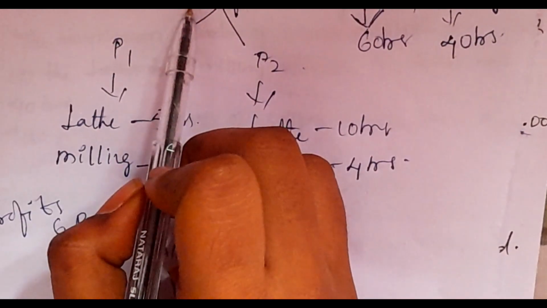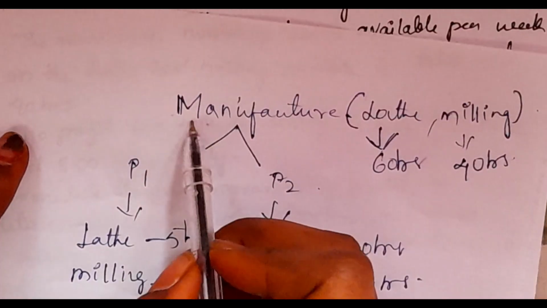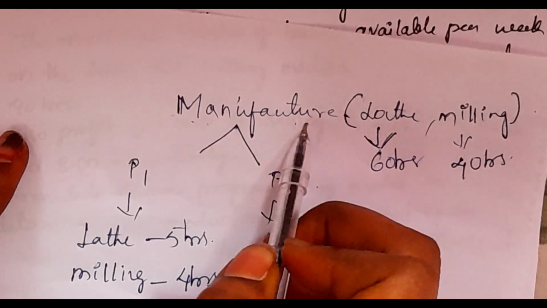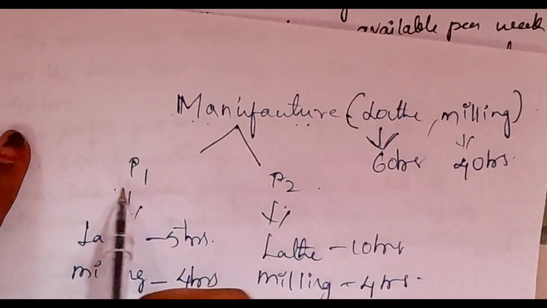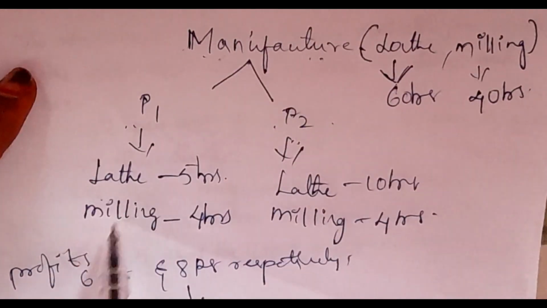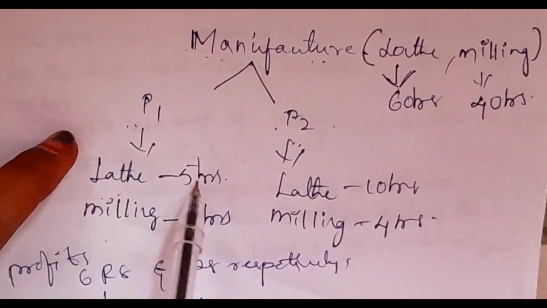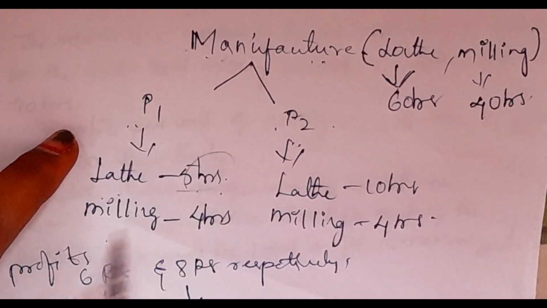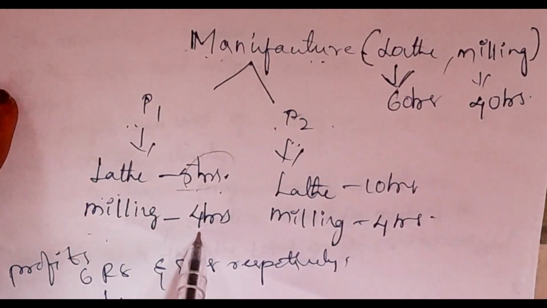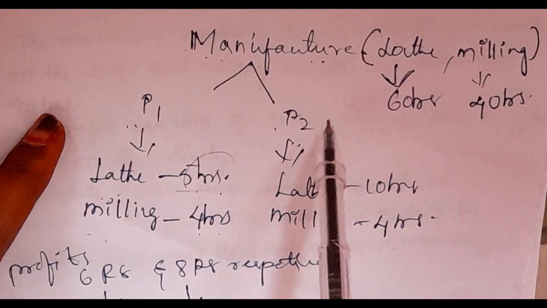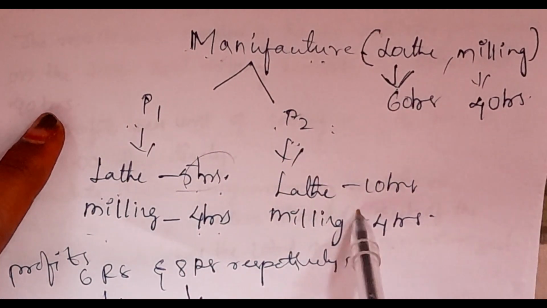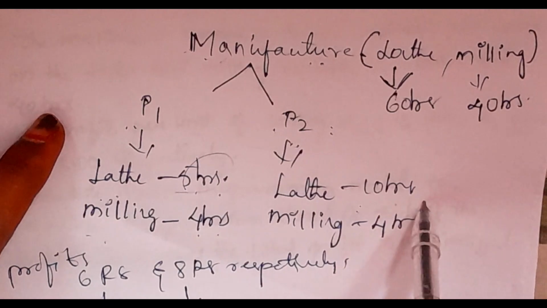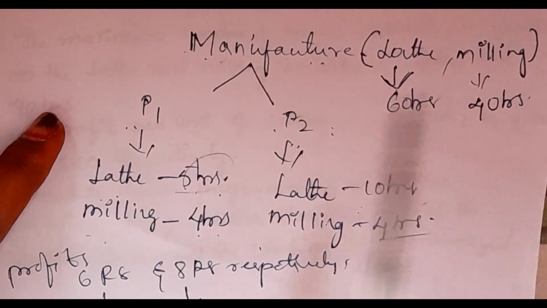For brief understanding, I am explaining once again. A manufacturing company produces two types of products, P1 and P2. It uses lathe and milling machines. For P1, the lathe works 5 hours and the milling machine works 4 hours. Similarly, for product P2, the lathe works 10 hours and the milling machine takes 4 hours.